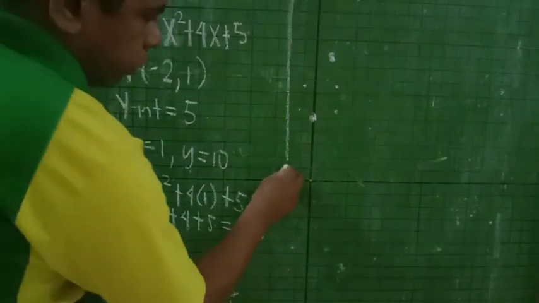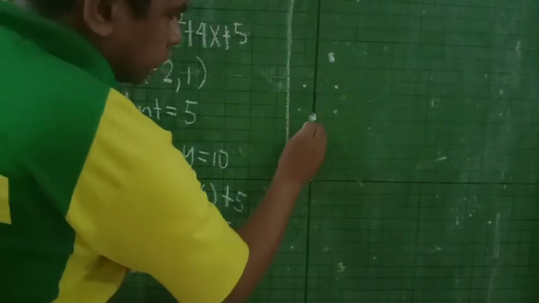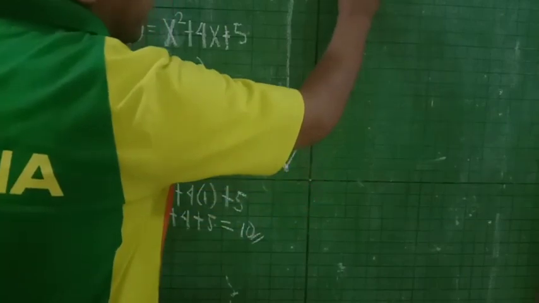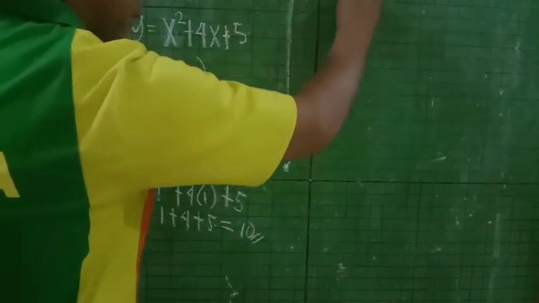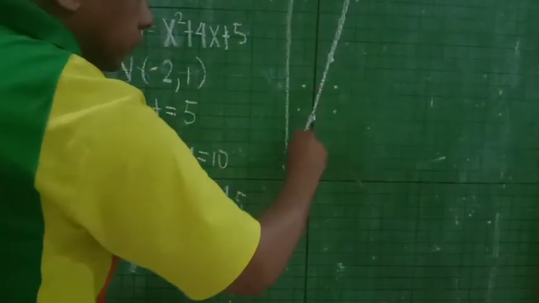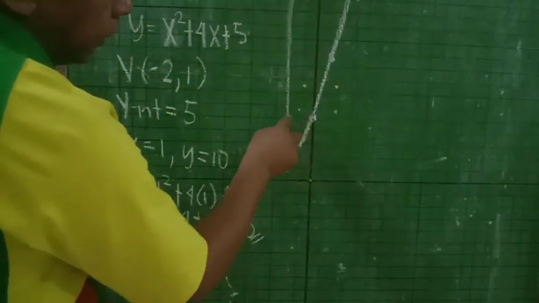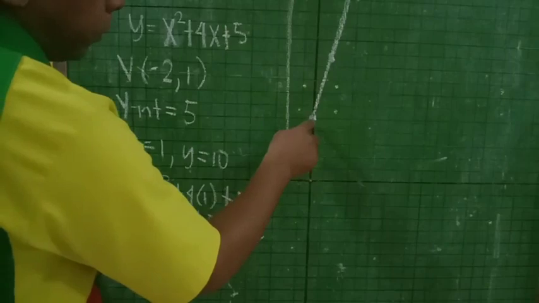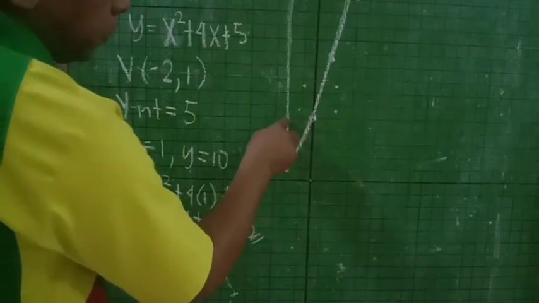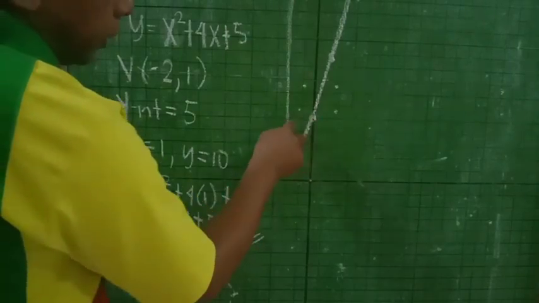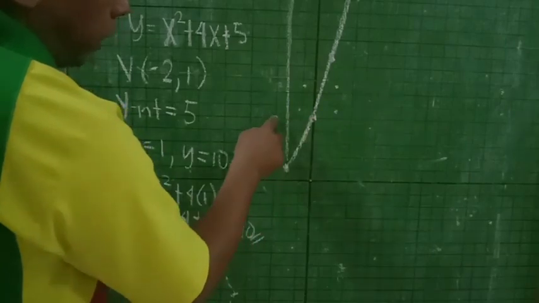Okay, so, connect lang natin. Okay, so parabola yan, ibig sabihin, may partner yan. So, this is the axis of symmetry. So, bilang lang natin para at least kahit papano ay pantay. So, yung axis of symmetry to the y-intercept, meron siyang 2 units. So, 1, 2.